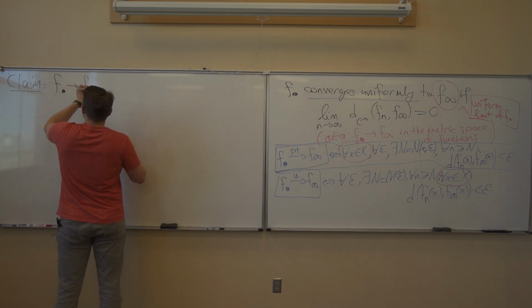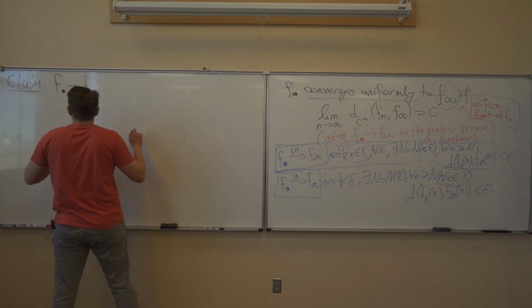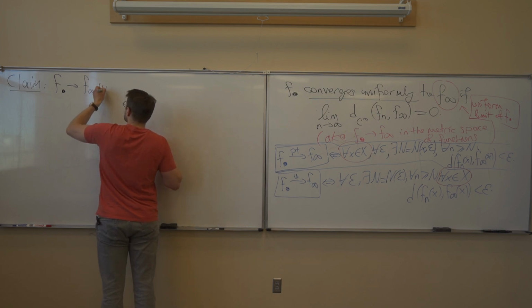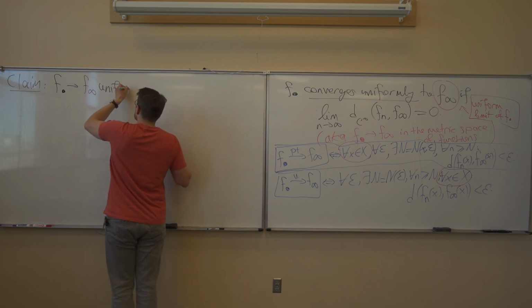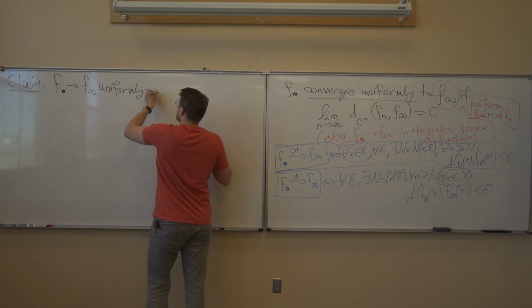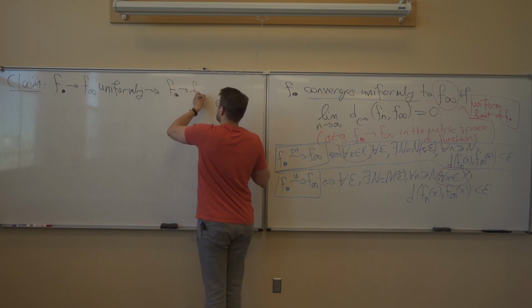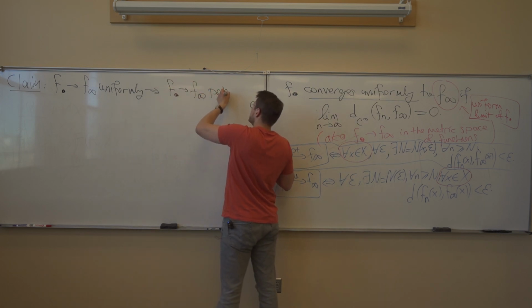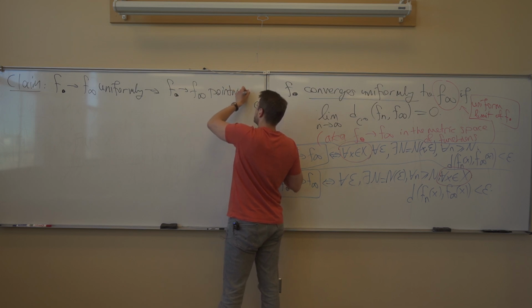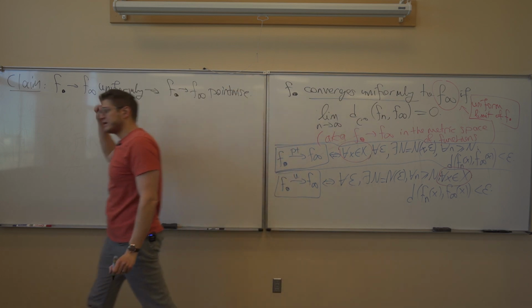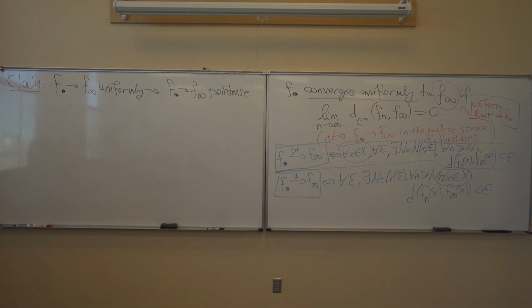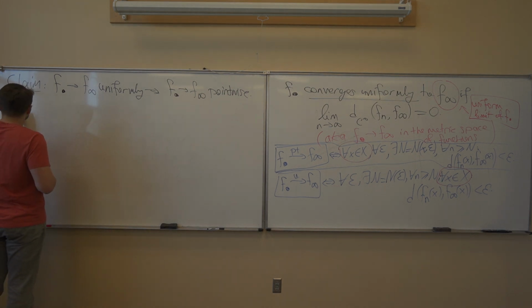If f bullet converges to f infinity uniformly, then it also converges pointwise. In general, the other way around is not true. Still, this is important. So let's prove it.